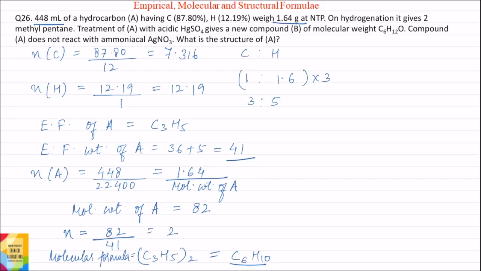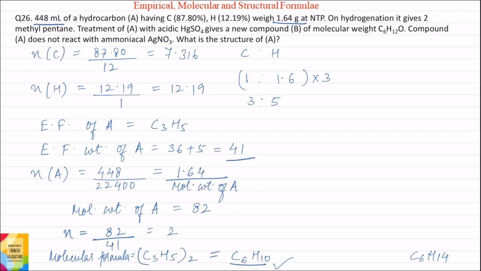According to the general formula, a 6 carbon alkane has the formula C6H14. But A has only 10 hydrogens. It means this compound has 4 hydrogen atoms less, or it is an unsaturated hydrocarbon.